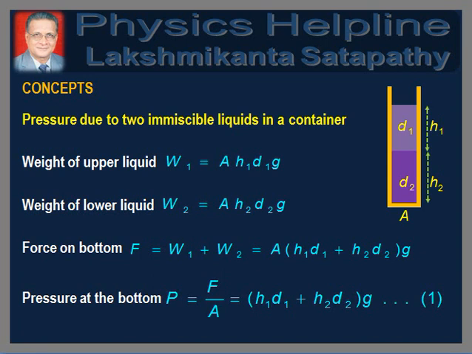Therefore, net force on the bottom of the tube is F equal to A into (h1 d1 plus h2 d2) into g. Therefore, pressure at the bottom of the tube is P equal to force divided by area, which is equal to (h1 d1 plus h2 d2) into g. It may be noted that fluid pressure is independent of the shape and size of the container. It depends only on the height of the liquid column and its density.